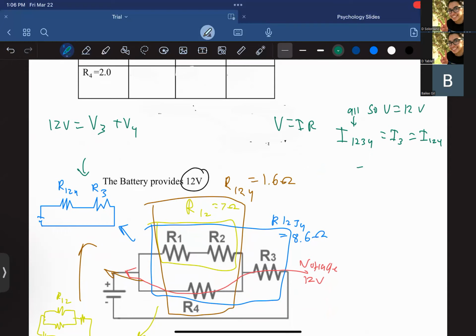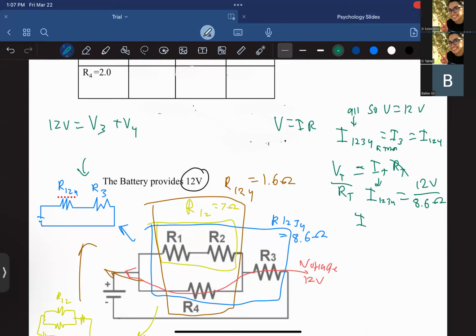And then we're calculating for our I, and we have our R. So I'm just gonna write V total is equal to I total, R total. Your I 1, 2, 3, 4, which is our I total, is 12 volts divided by, what do we get for that one? Looks like 8.6 ohms.